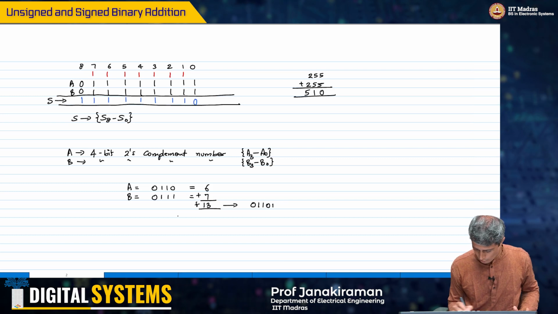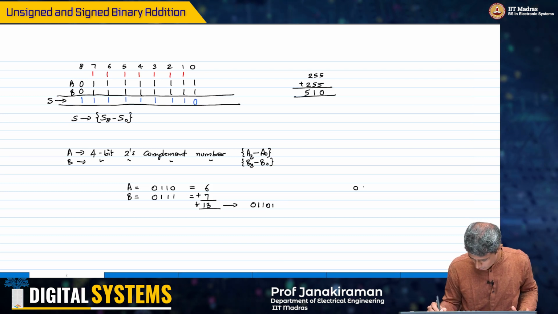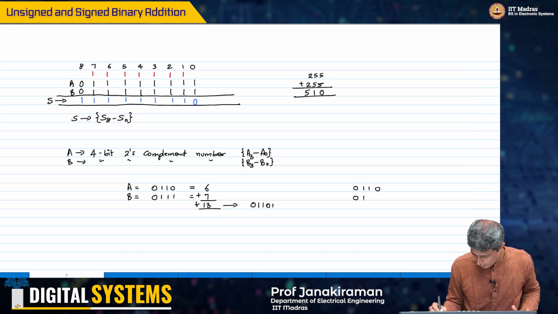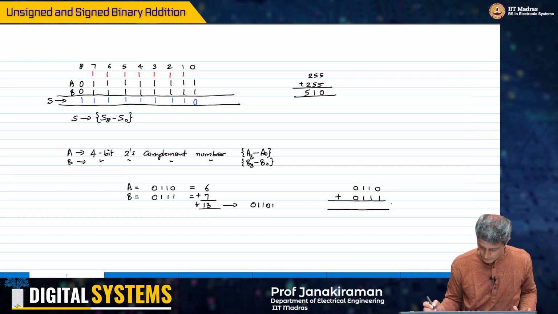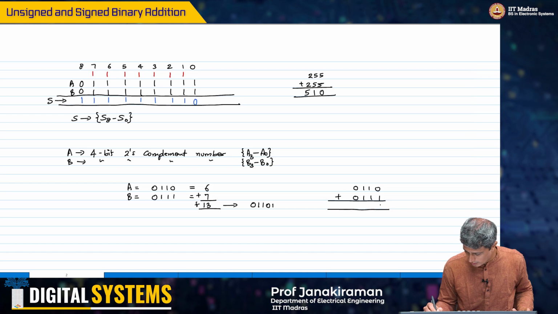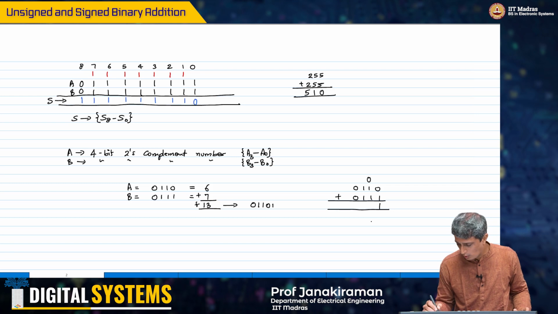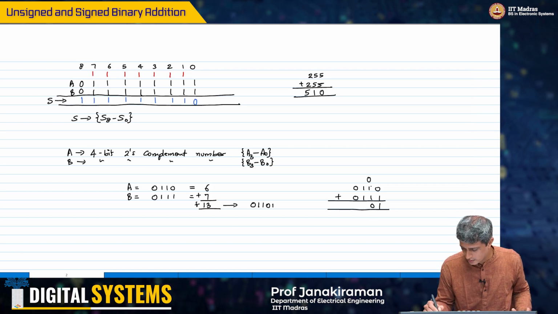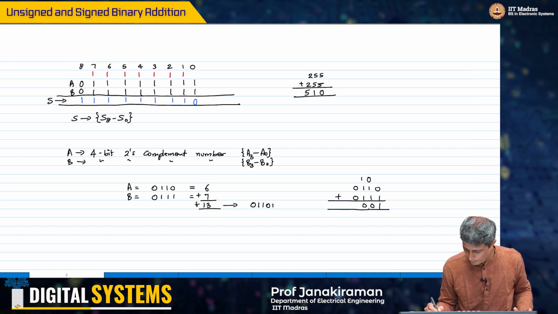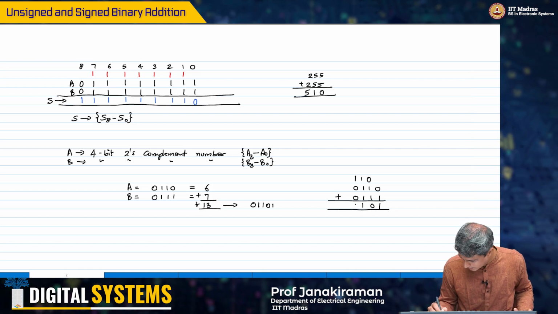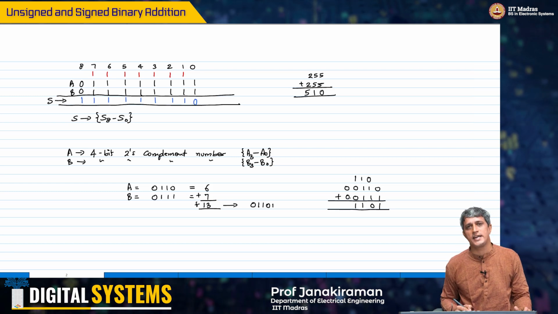So let us look at how we go ahead and do this. 0, 1, 1, 0 plus 0, 1, 1, 1. So 0 plus 1 is 1. I am not going to worry about the color coding of the carry now. 1 plus 1 is 0, carry 1. 1 plus 1 plus 1 is 1, carry 1. And the answer is 1101, but remember, I have to sign extend this.